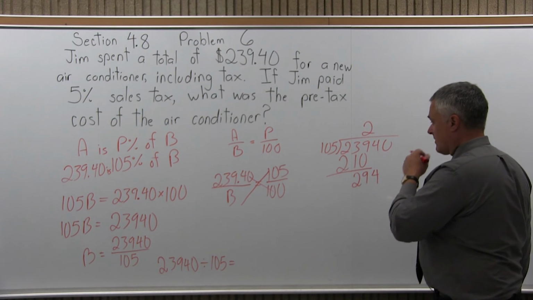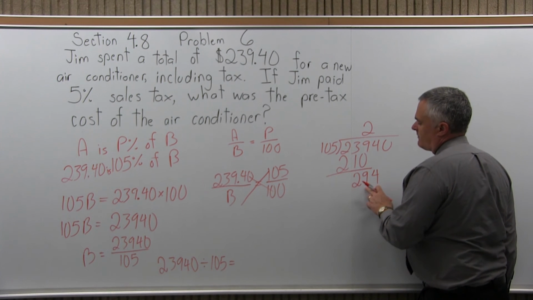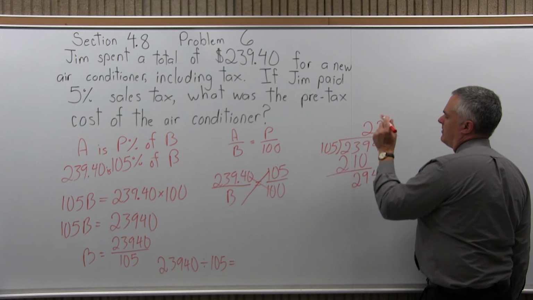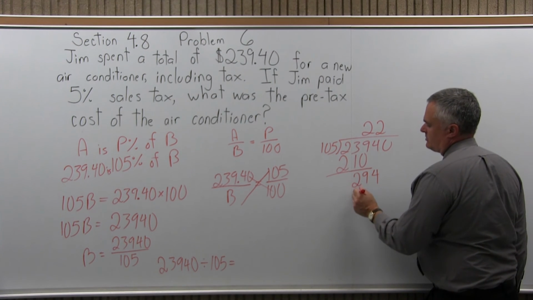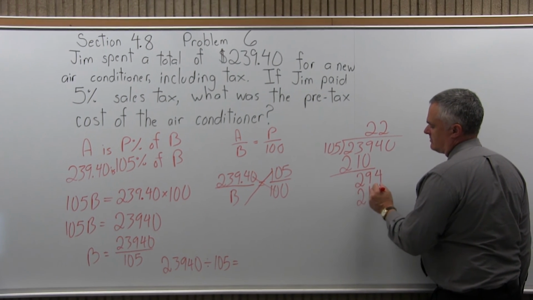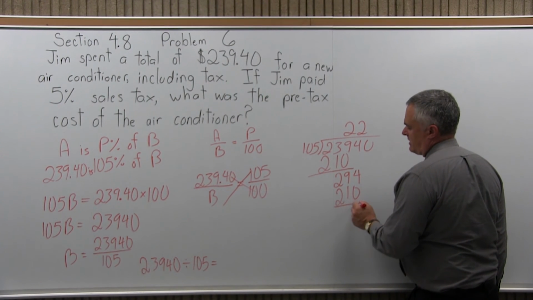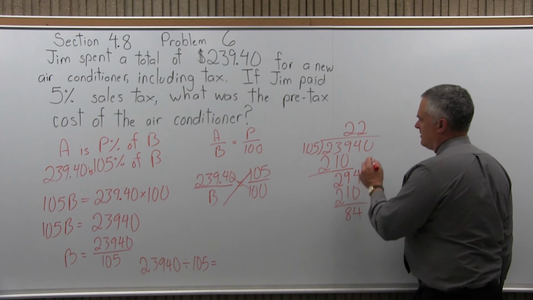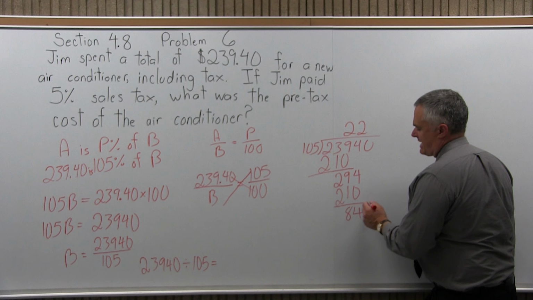So 105, it's still going to be 2. Let's see, so that's 210. And now 4 minus 0 is 4, 9 minus 1 is 8, 84. And then I bring down the last 0.